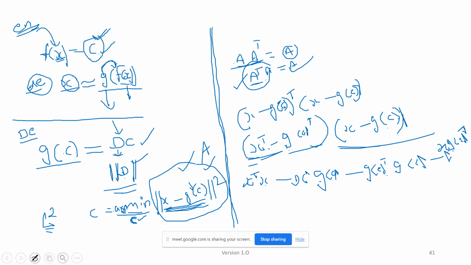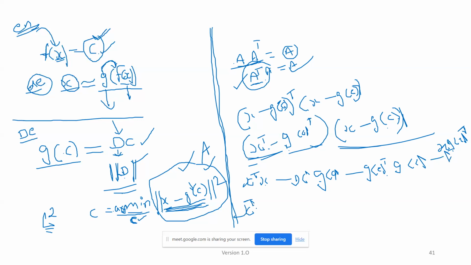Again, simplify this by using distributive law. Again, simplify this. I'm writing the next line.